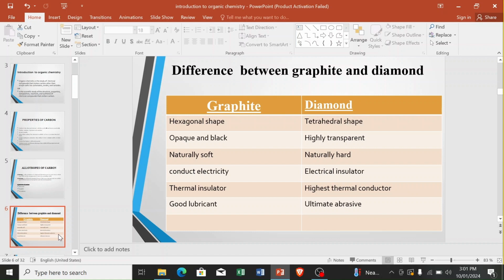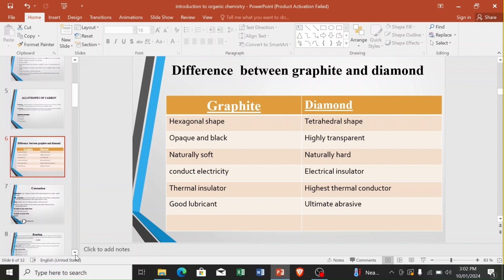And then we see graphite is a thermal insulator, while the other one is the highest thermal conductor. A thermal insulator cannot conduct heat. And then a good lubricant, ultimate abrasive.